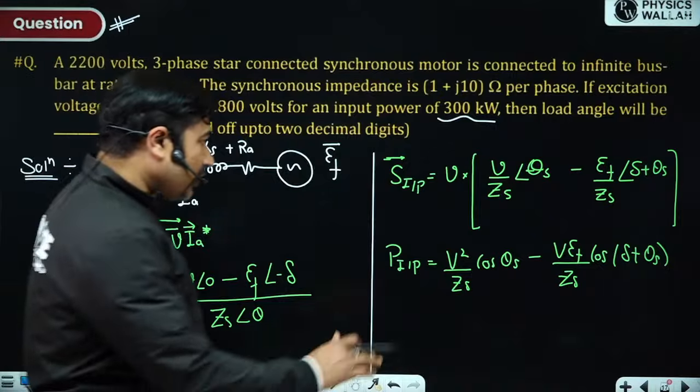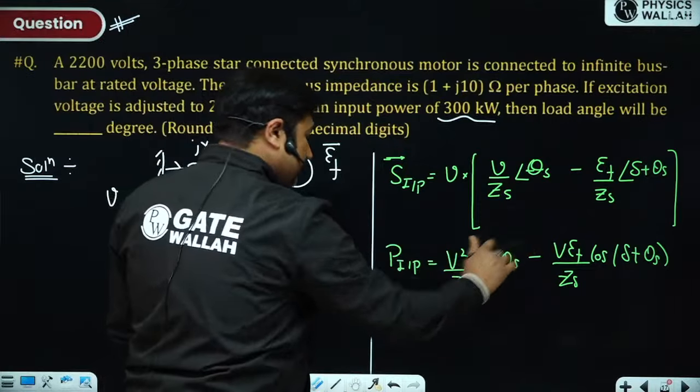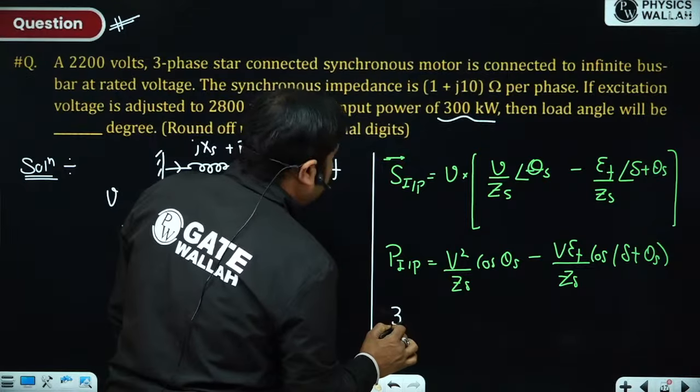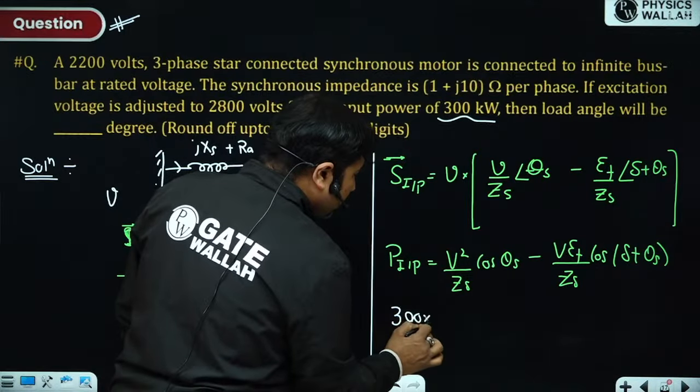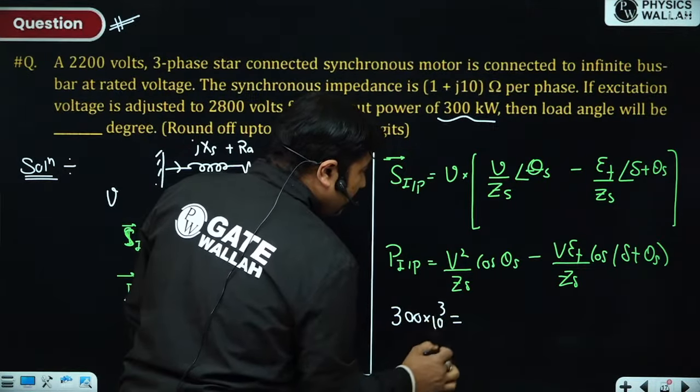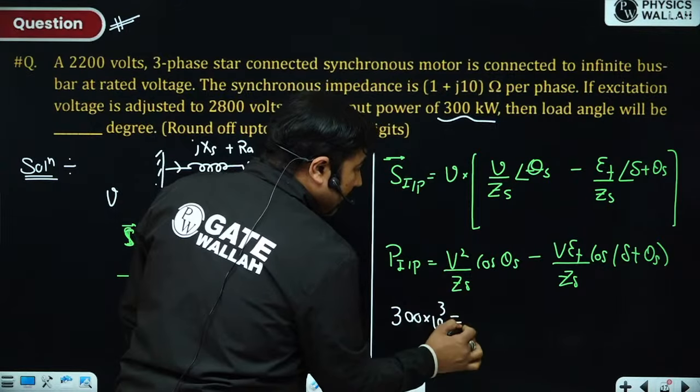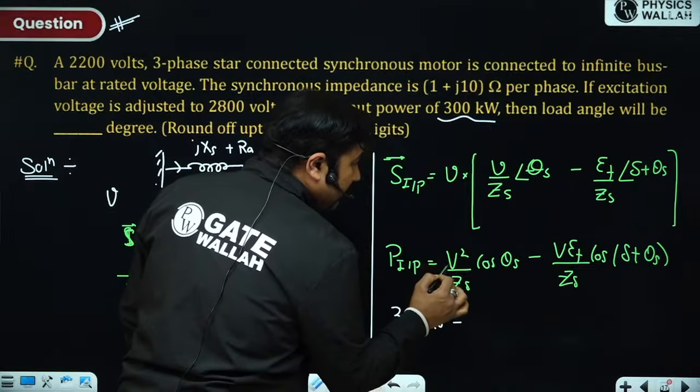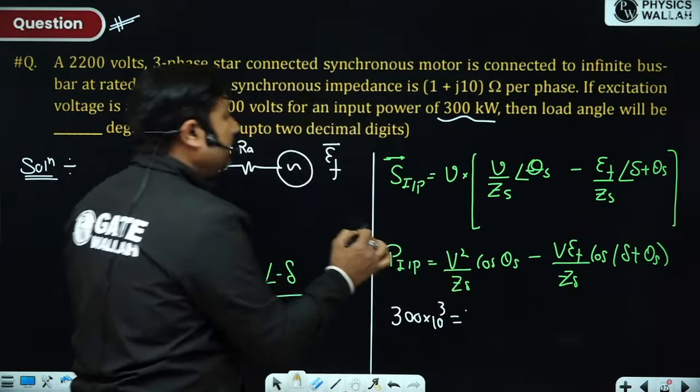Yes sir. Now for a per phase basis, for 3 phase what you have to write? For 3 phase we multiply by 3, and this will become 300 kilowatt given to you. So 300 kilowatt will be equal to, I am not writing 3 here, because if I write 3, and the line voltage is 2200 by root 3, the square of that is 3, so 3 and 3 will get cancelled out.